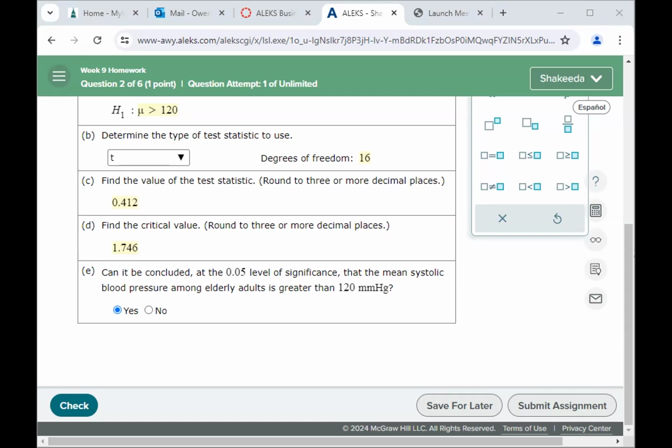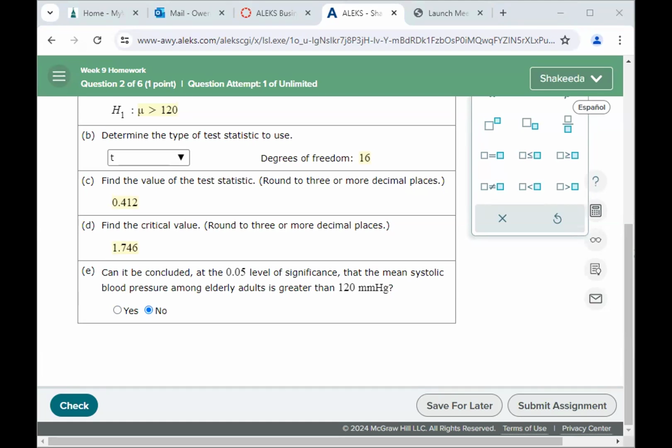So you're going to fail to reject the null. What are you saying? Okay, hold on. What is OV again? OV is the test statistic. Is that greater than the CV, which is 1.746?